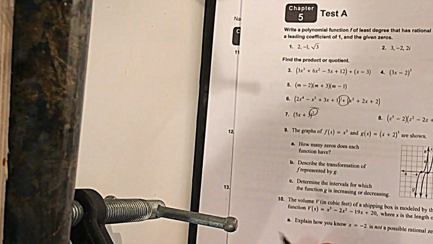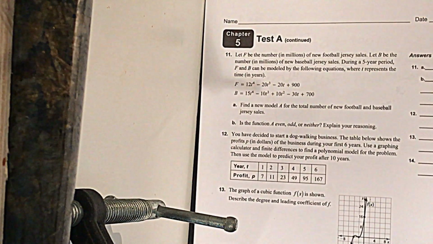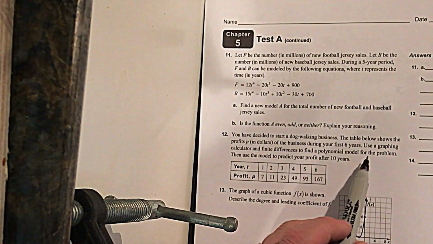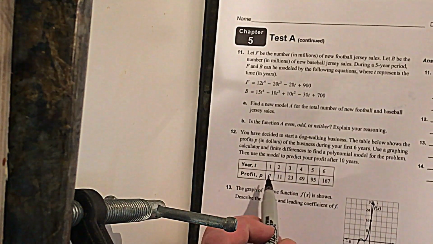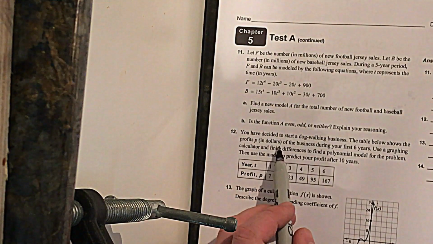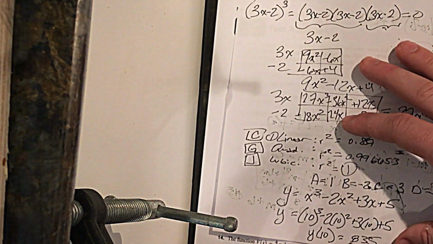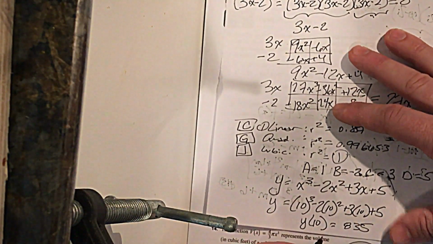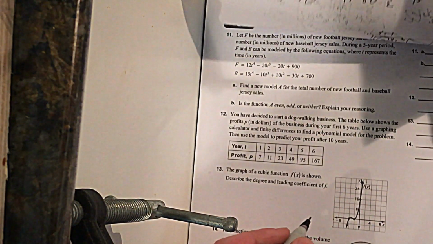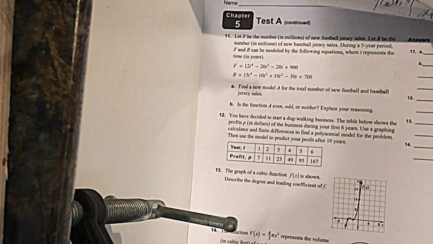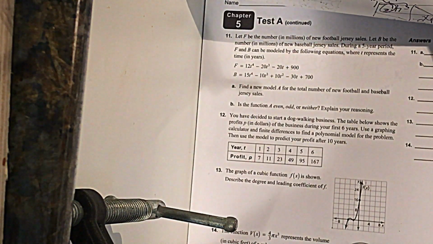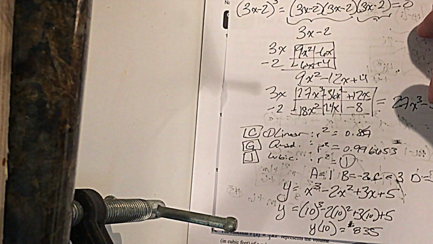So in the problem, it says to predict your profit after 10 years, and profit P is in dollars. So this is talking about at 10 years, we're talking $835 in profit.